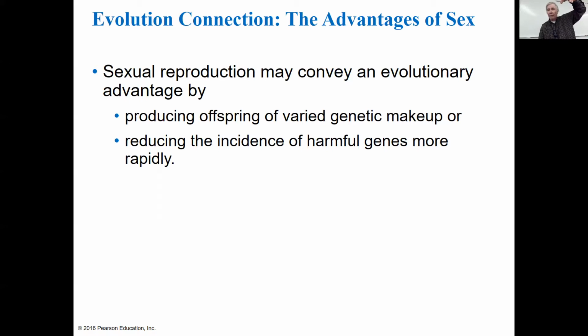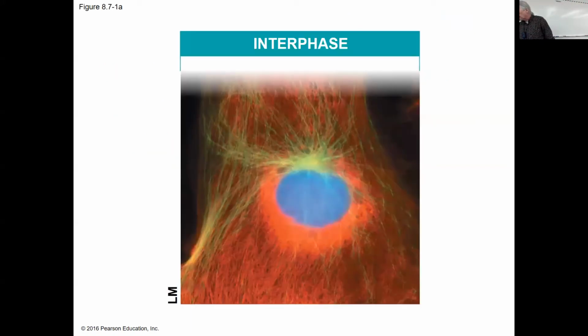So it offsets it. And so even though you're carrying a bad gene, and all of us are carrying some seriously bad alleles, we don't have these genetic conditions because they're recessive, and we only have 1 of them, and we have 1 good one, right? So that's one advantage of sex.